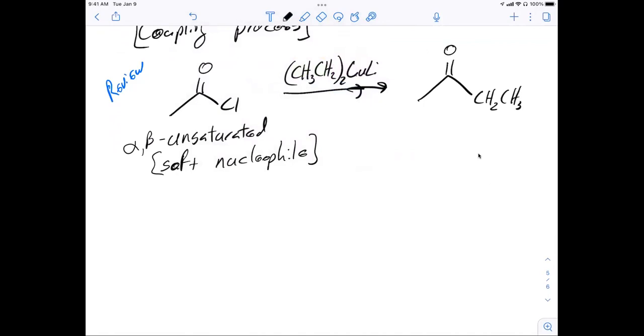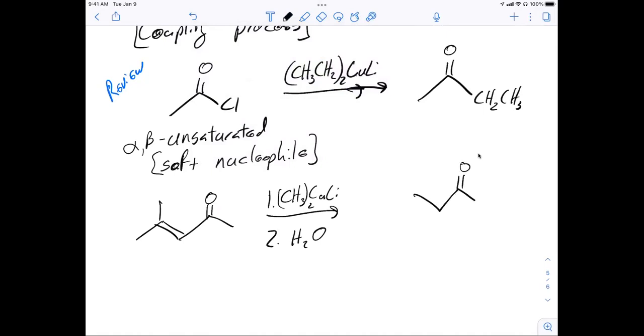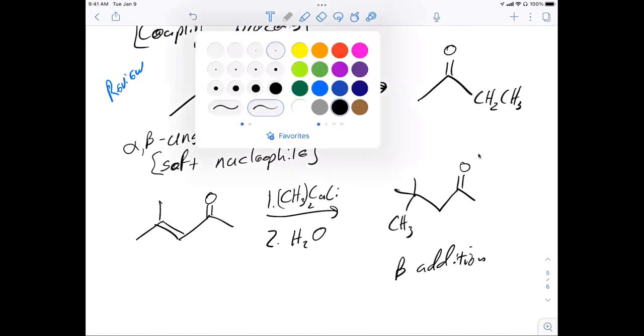And so if we take our alpha beta unsaturated, we can get a beta addition. And again, this one we saw before. This is a review.